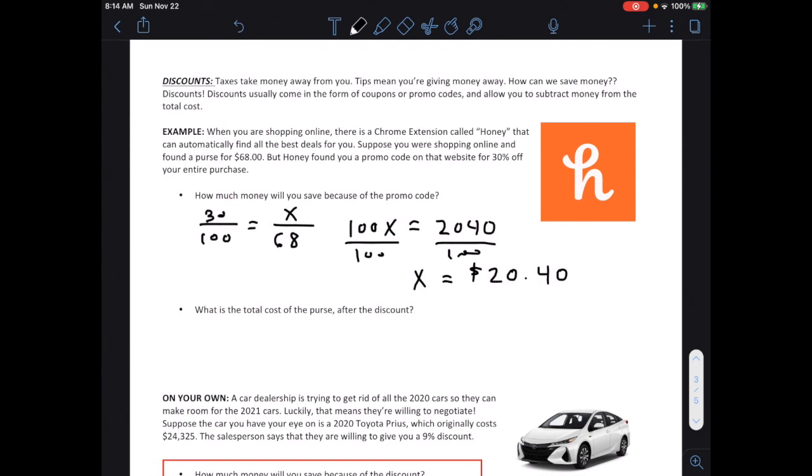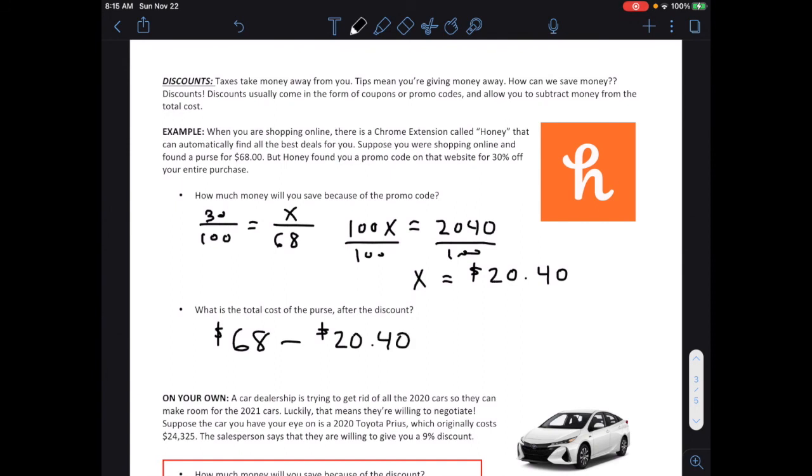All right, so now to find the total cost of the purse after the discount, what we're going to do is just subtract $20.40 from 68. So if you just grab your calculator, $68 minus, so this is where it's different. Remember, with taxes and tips we would add, but this time we're subtracting.